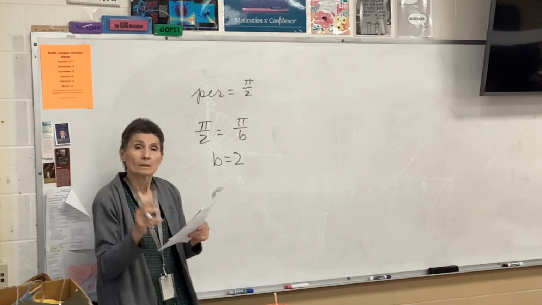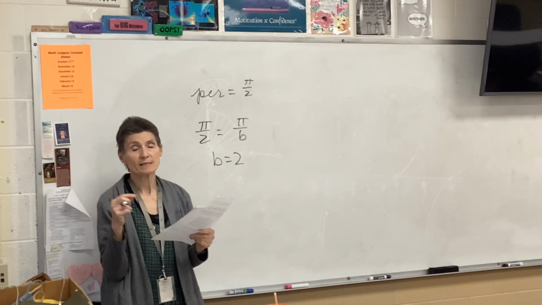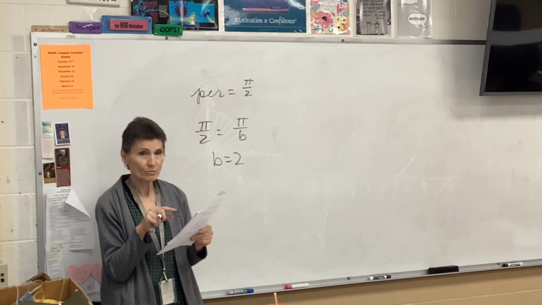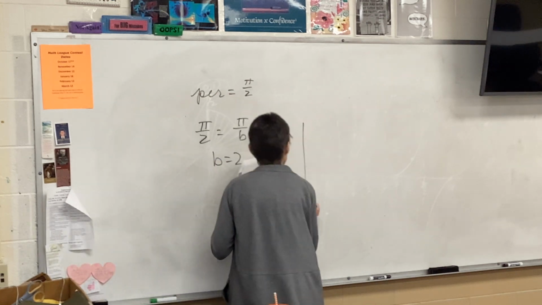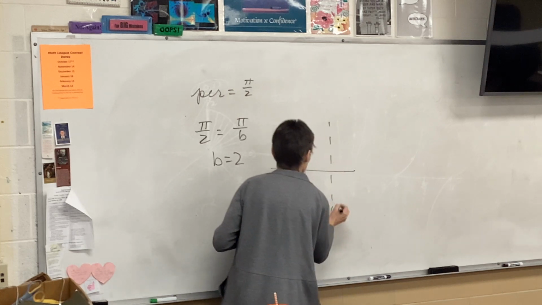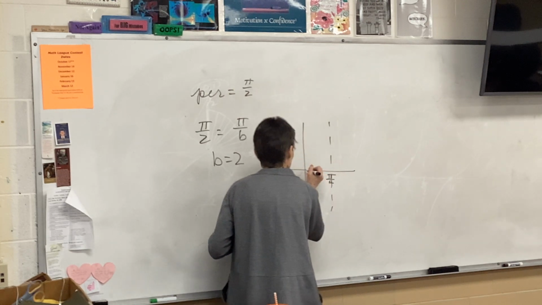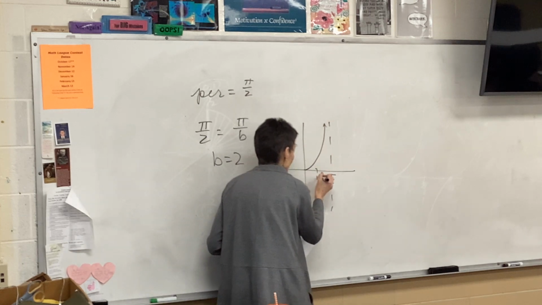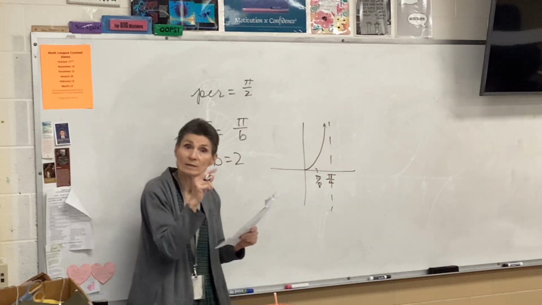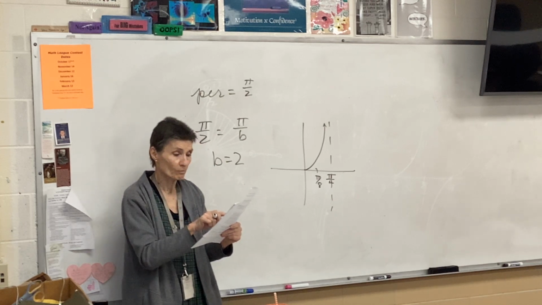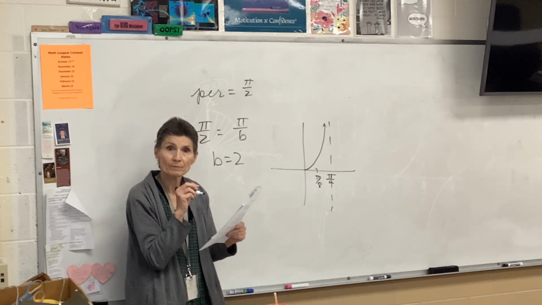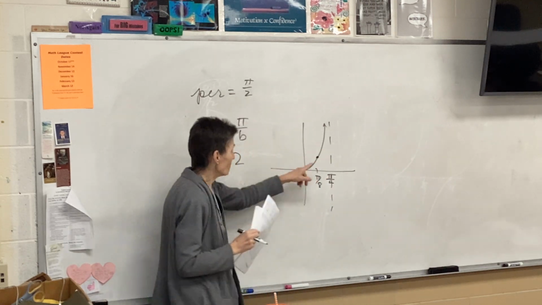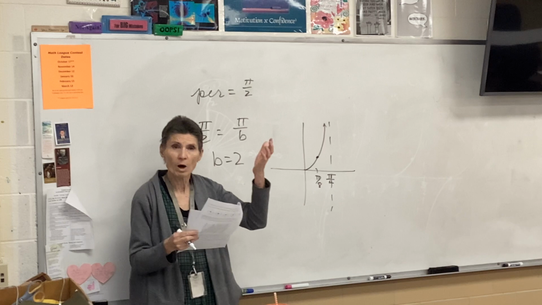Now, A is a little trickier with tangents than it is with sines and cosines. I want you to look at the picture that he drew and notice, here's my asymptote at pi over 4, and here's my branch of my curve. Halfway in between 0, the origin, and pi over 4 would be pi over 8, the middle there. And notice, doesn't it look like that middle point is about at 1?